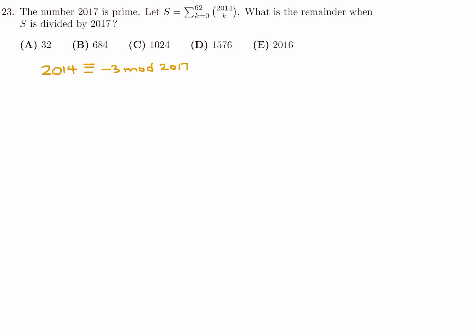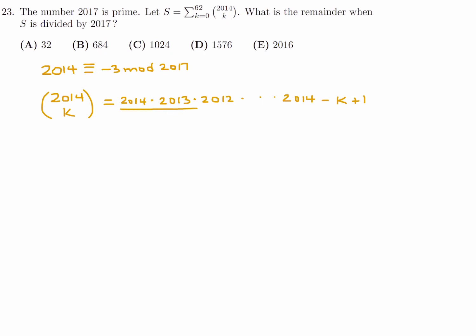So if we were to take this 2014 choose k and expand it all out, we would get the following: 2014 times 2013 times 2012, and so on, all the way down till you get to 2014 minus k plus 1.